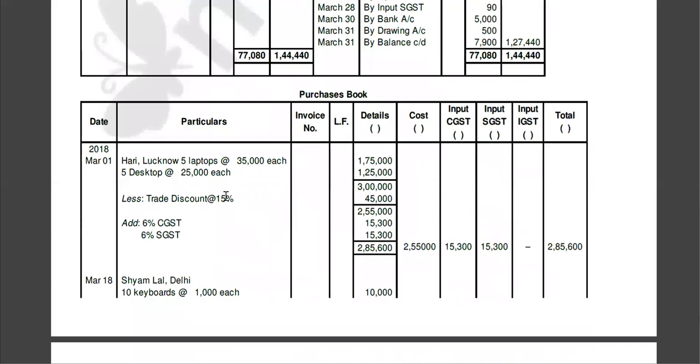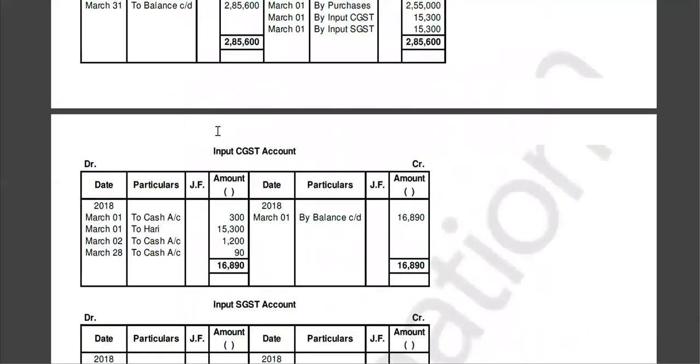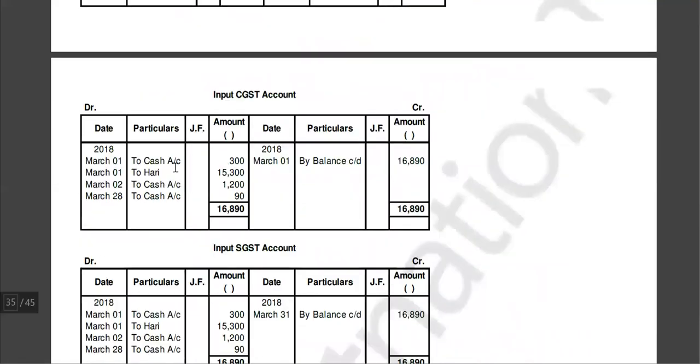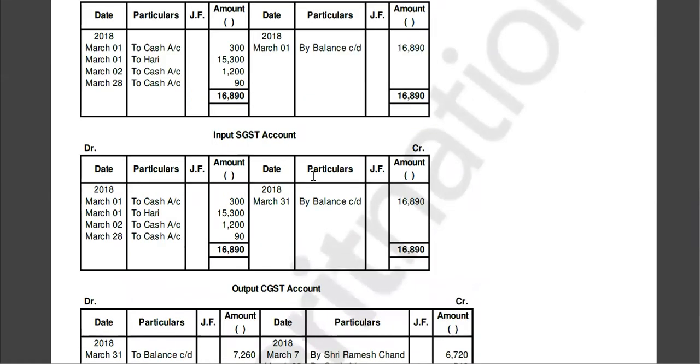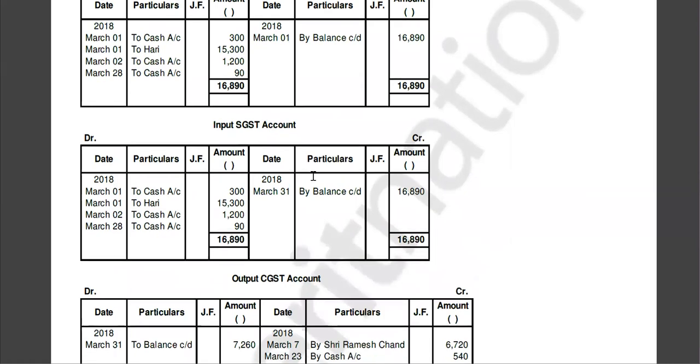So totally 4 CGST we have. See, you just write to cash 300, to Hari, to cash, to cash. By balance carried down, you just total it up, 16,900. This way you have to calculate CGST, IGST and SGST.